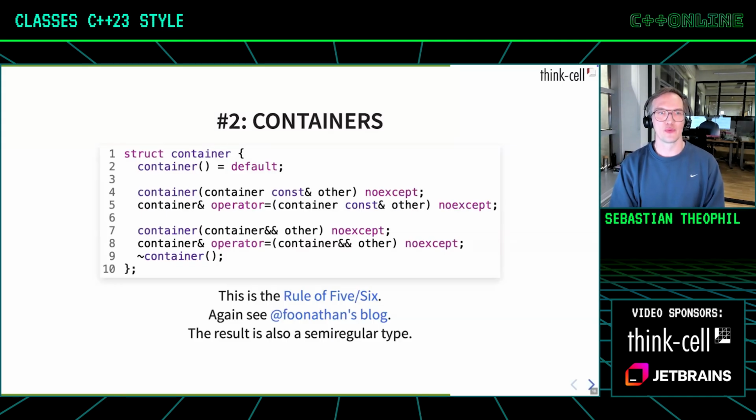And here we have the rule of 5 or 6 if you count the default constructor. And again, there's the same blog entry on Funatan's blog. Here for containers, the rule of 5 or 6 means we have to implement all of those special member functions ourselves, as I've just said, to initialize, copy, and move and destroy the memory we have internally allocated.